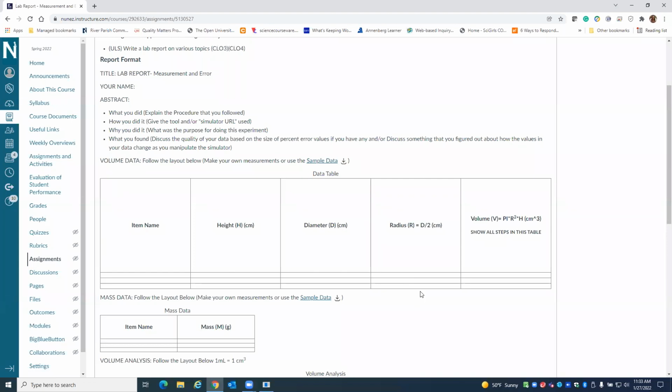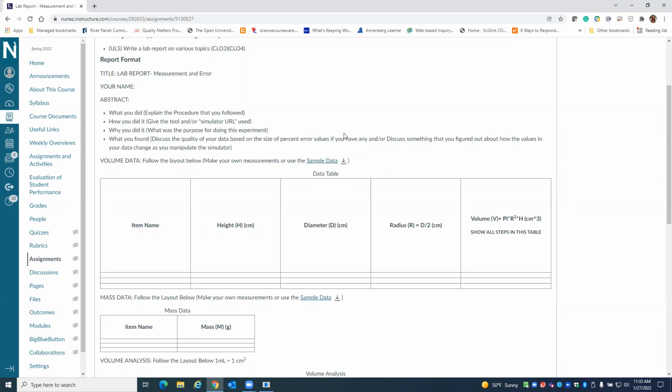If you use my sample data, when you do the abstract, you're doing it under the premise of what if you had to make these same measurements that are in the sample data. If you make your own measurements, then explain the process that you went through. The idea for the abstract is that you need to be detailed enough so that anybody, whether they're knowledgeable about this material or not, could follow your abstract and reproduce this experiment.